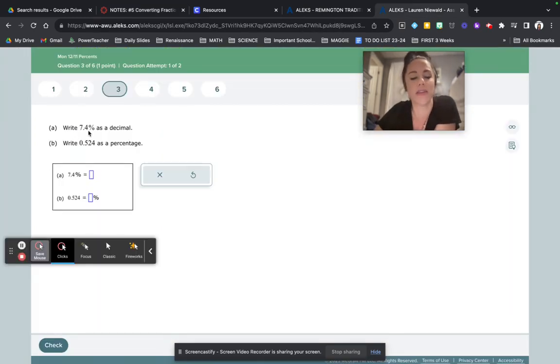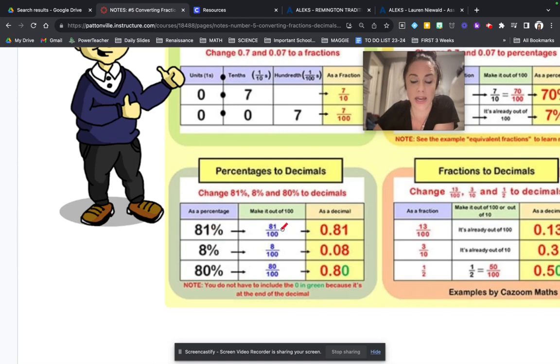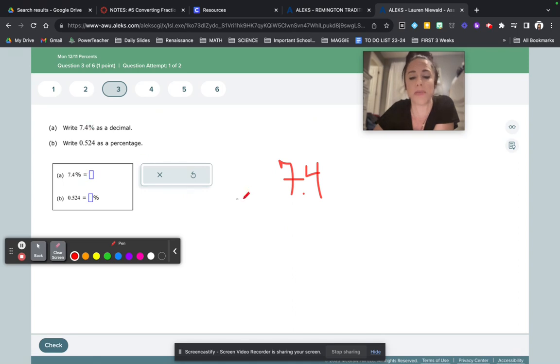So if I take 7 and 4/10, I'm going to write it out of 100. Look how they did it. No matter what, they put it over 100, because 8% means out of 100. Makes sense to me, right?